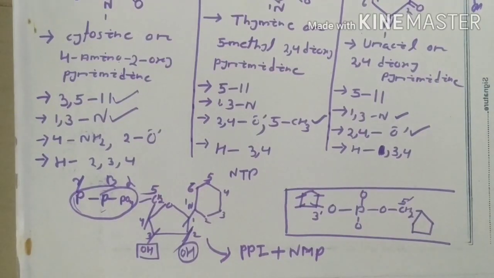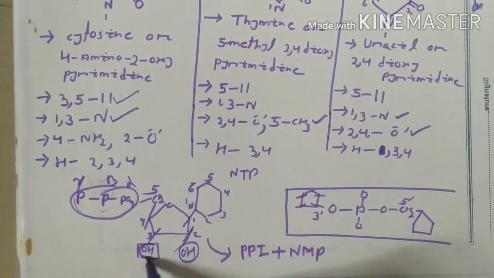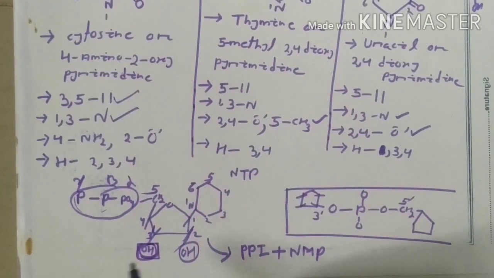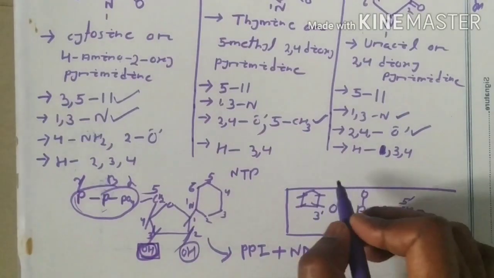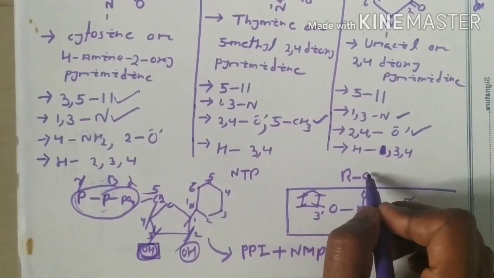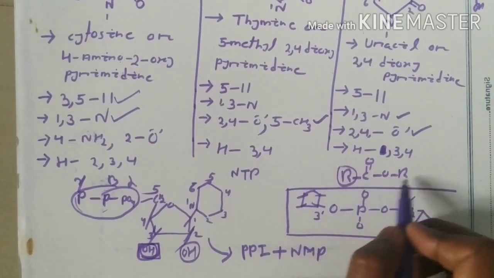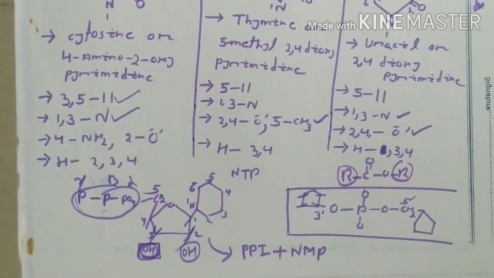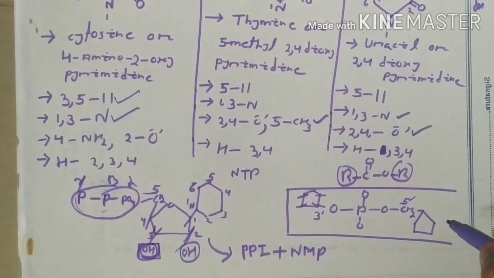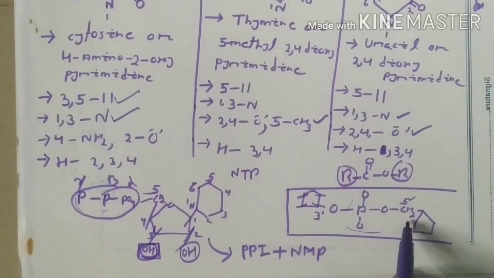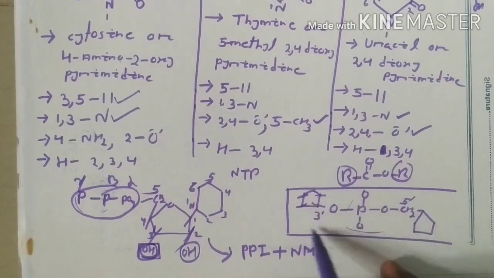And another thing, at the 3' position, our phosphodiester bond is formed. Let me tell you about one thing. Ester bond is R C O O R. This can be any alkyl group. In the case of nucleotide, there are 2 esters. If you go through this side, this will be an ester bond and this will be an ester bond.